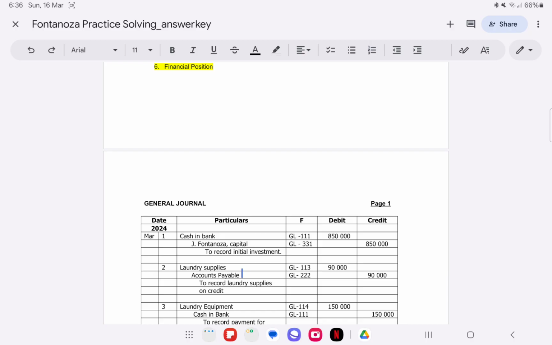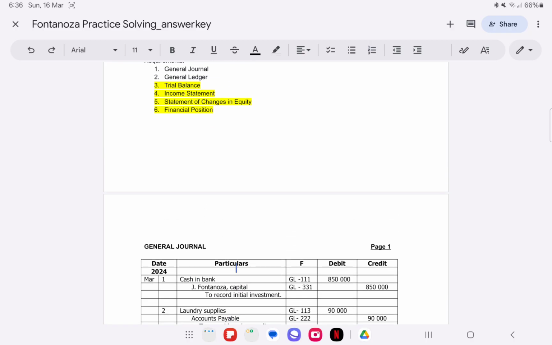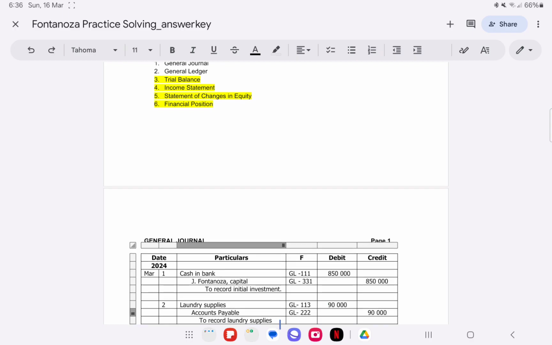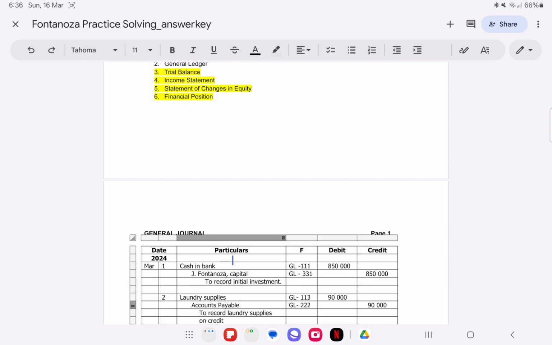Great, so you receive laundry supplies, GL113, 90,000, and accounts payable is what you give to your suppliers, oral promise to pay, and that's GL222 and 90,000 pesos, to record laundry supplies on credit. Okay, so that's transaction number 2.